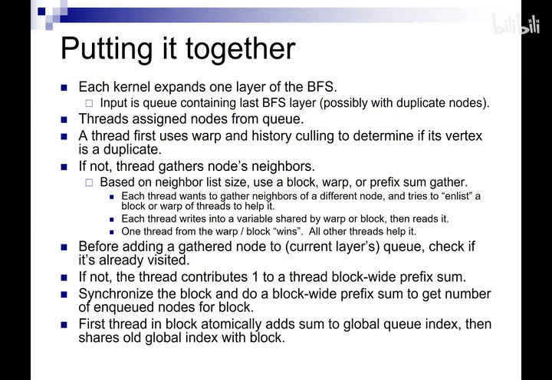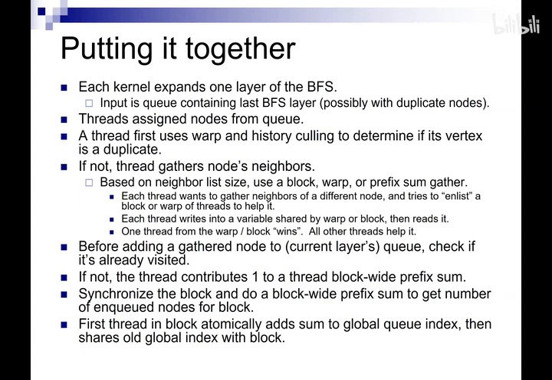Then we're going to do a sync threads across the entire block, and then a prefix sum on this entire block to find out how many locations this entire block of threads has reserved for its neighbors.